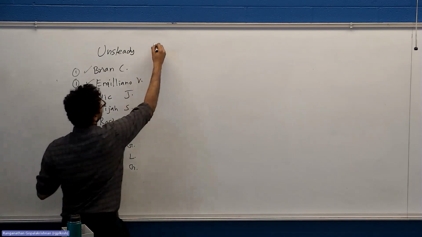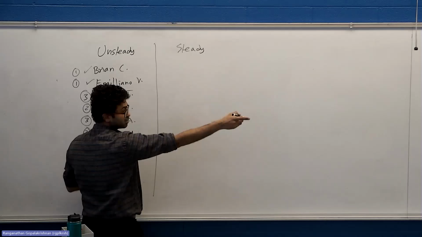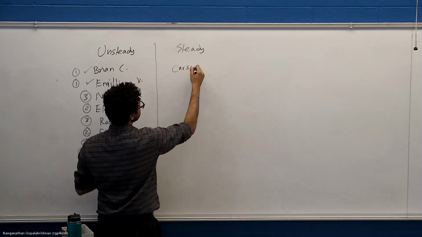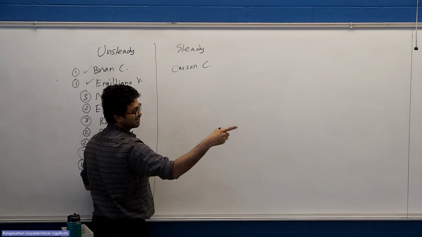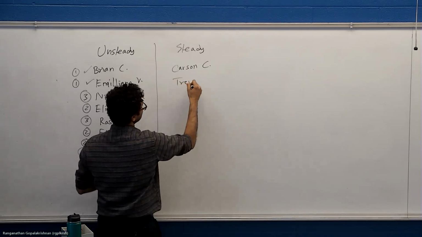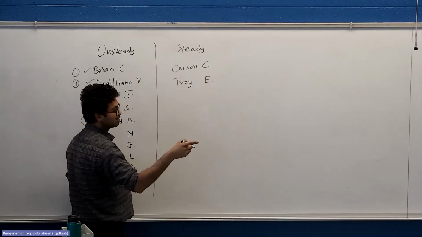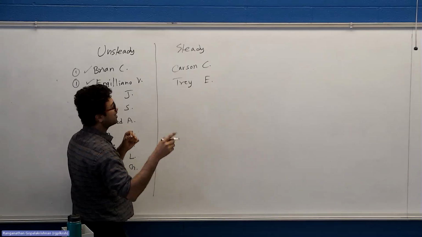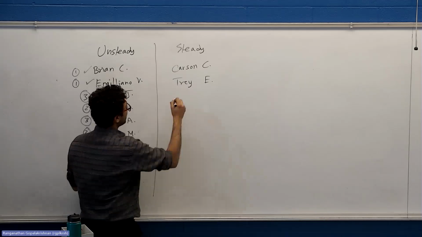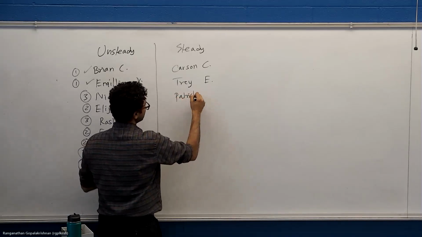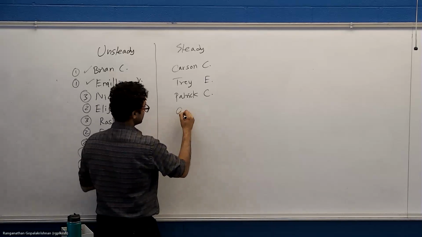So for the steady, the remaining half, can I have the names, please? Carson. Let's see if I can remember the names. Sorry, Trey. Elliot. You know it. I knew it. I just signed your paperwork the other day. Patrick. George. What's your last name?